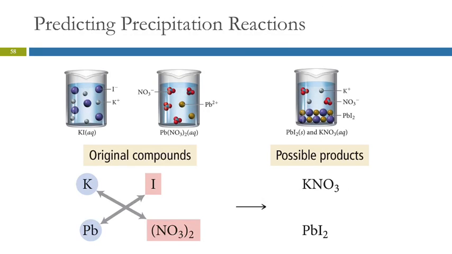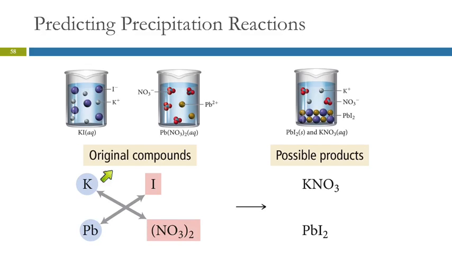We can predict what's going to happen in a precipitation reaction. So this is that same reaction. Here we've got the potassium iodide and the lead-2 nitrate, and we look at the ions that are present in the individual solutions. We've got potassium ions and iodide ions. We've got lead ions and nitrate ions.